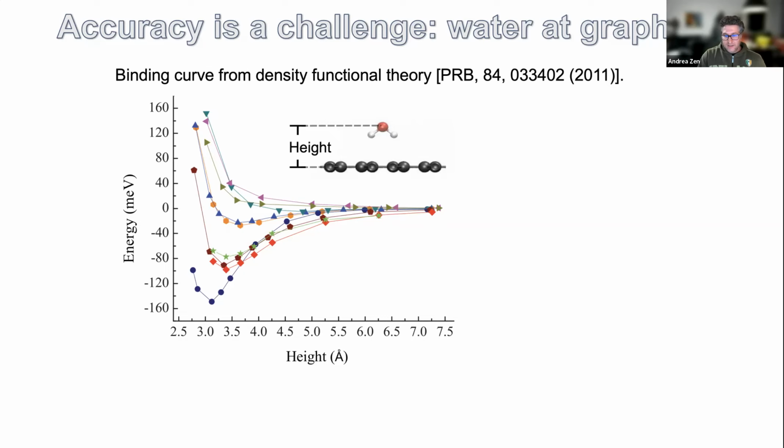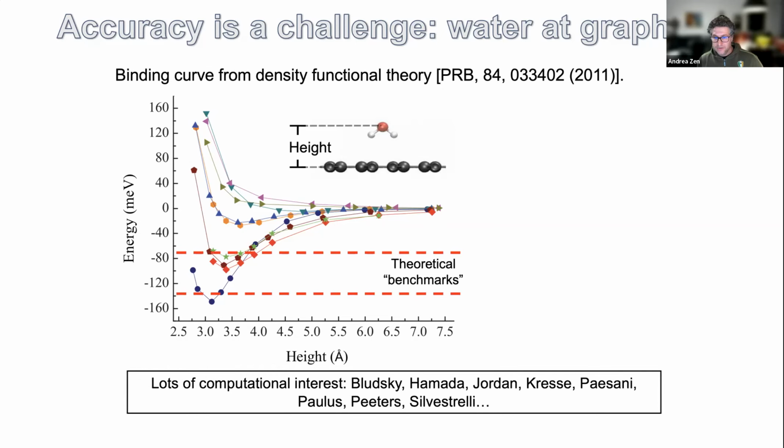Okay. And even if I go to methods that are considered benchmarks, so either those flavors of density functional theory that we think are trustable because maybe they have van der Waals corrections, or we mix with coupled cluster and benchmark them on a smaller version of the system, we still remain with an uncertainty that goes roughly from -70 to -130 meV.